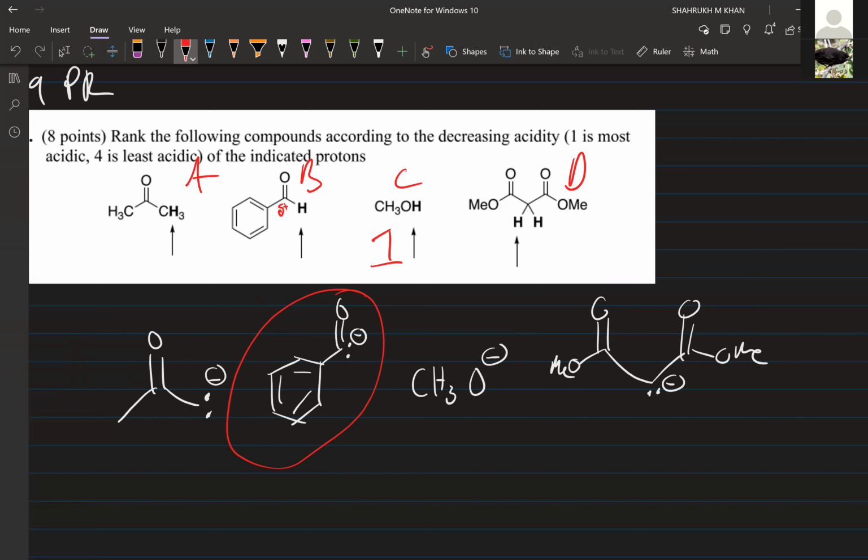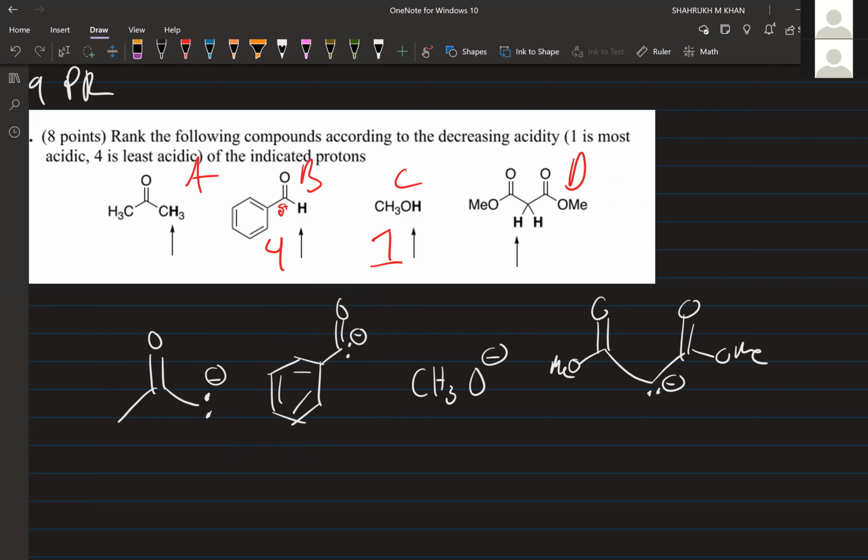So this is going to be number 4. You're creating something that will never want to be created, because that carbon wants to be positive, and now you put a direct lone pair on it. And that's why we know aldehyde protons are far less acidic compared to the alpha protons.